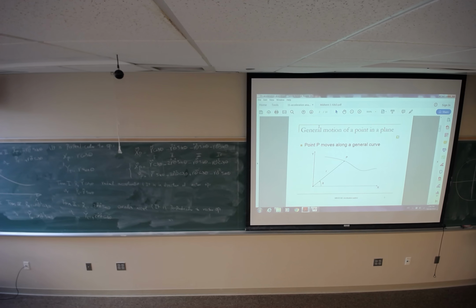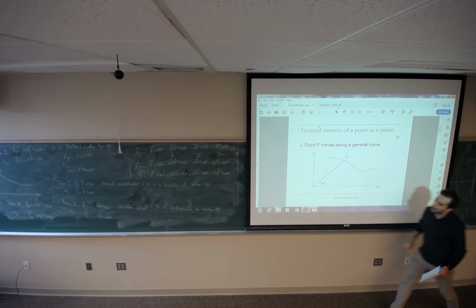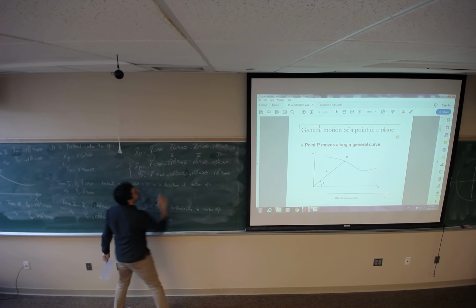If we have variable speed, if theta dot is varying with time, then terms 3 and 4 show up, these two.